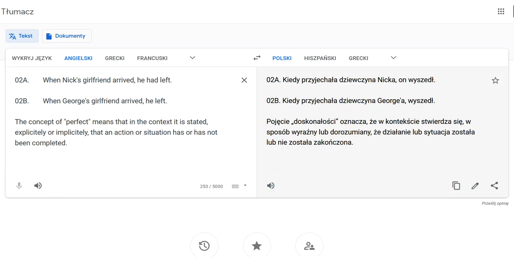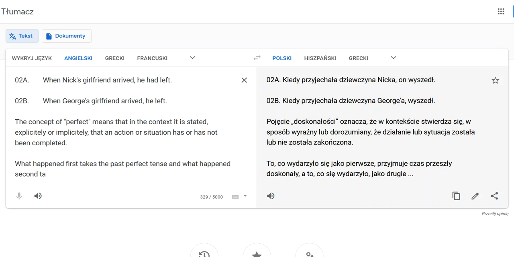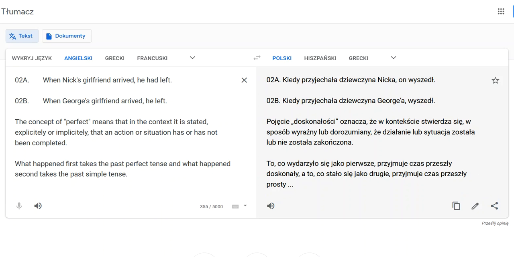What happened first takes the past perfect tense, and what happened second takes the past simple tense. Okay, let's take a look.